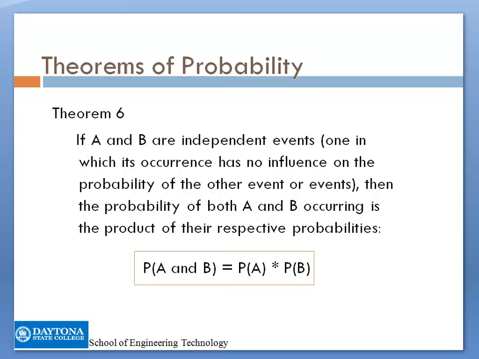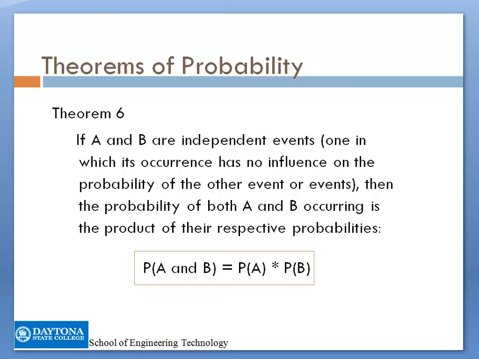So if A and B are independent events, and this means that each one's occurrence has no influence on the probability of the other event or events, then the probability of both A and B occurring is the product of their respective probability.